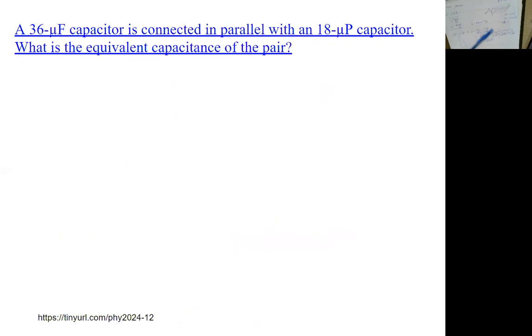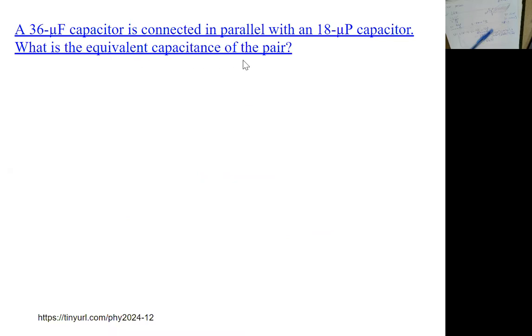A quick example here. It says if you have a 36 microfarad capacitor connected in parallel with an 18 microfarad, it should be F here, for the typo there. What's the equivalent capacitance of the pair?